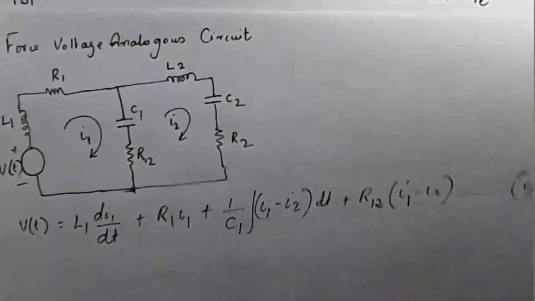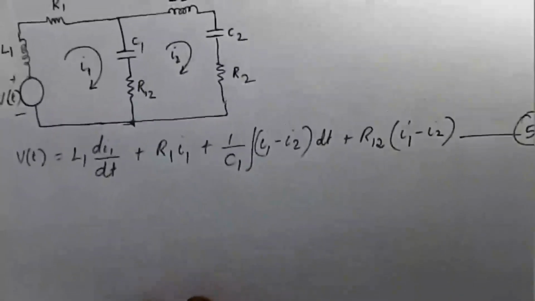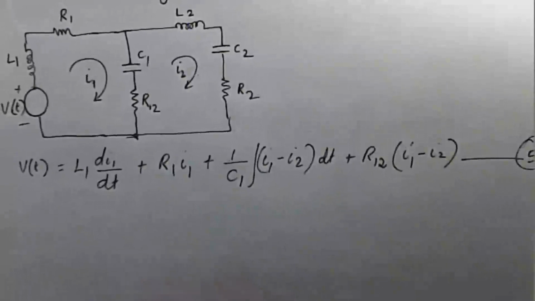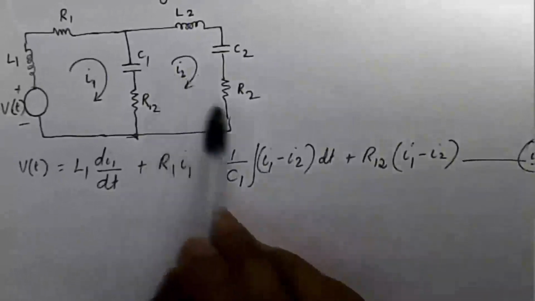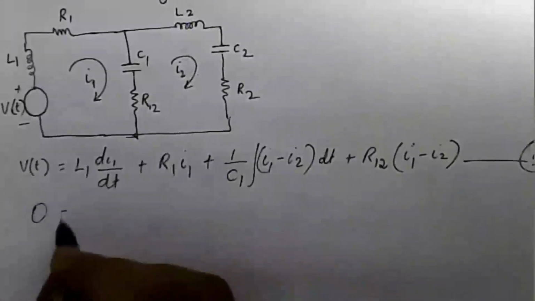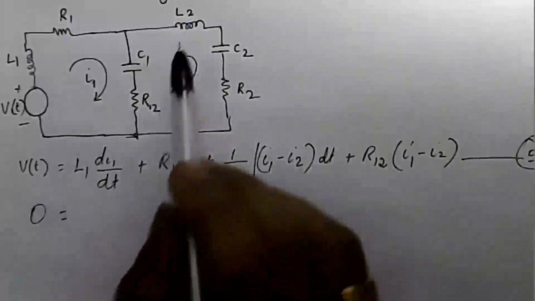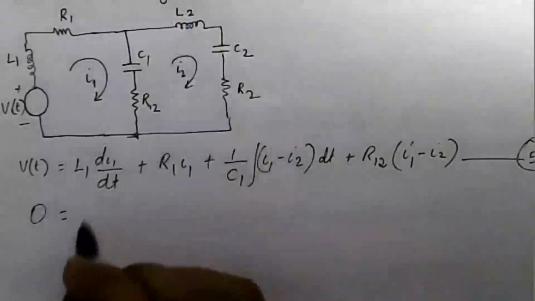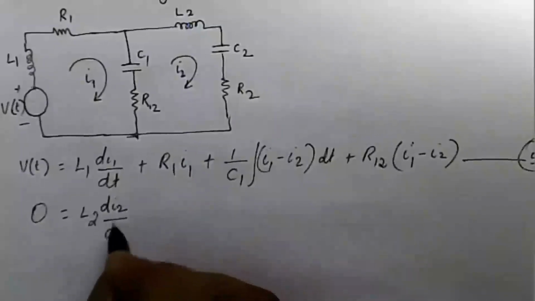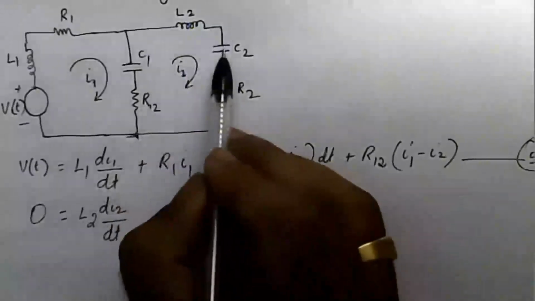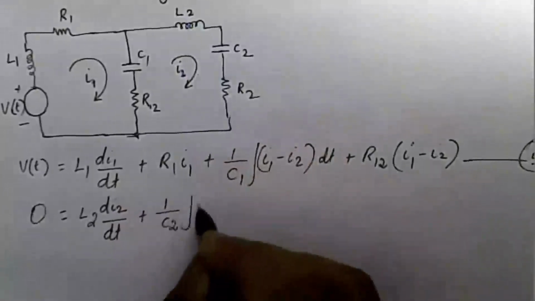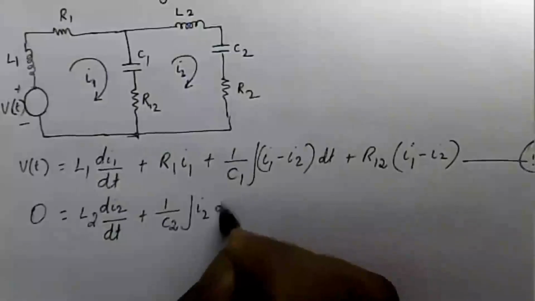Then for the second loop, I'm going to write the differential equation, that is the mesh equation, which is nothing but the voltage equation. Here there is no potential rise, so I put 0, equal to L2 into di2 divided by dt, then capacitor plus 1 by C2 integral I2 into dt.